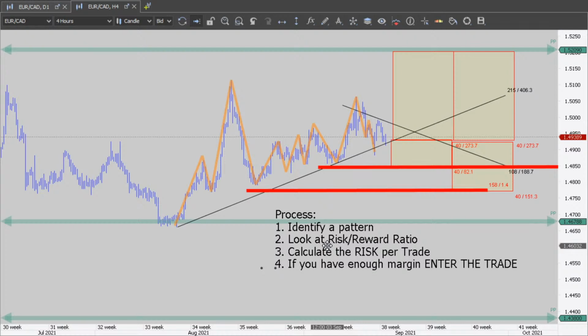Nobody's saying that all the patterns are equal. Between the short-term trend and the market wave called structure, the market wave is stronger. But this is the process: identify a pattern, look at the risk-reward ratio, calculate the risk per trade, and if you have enough margin, enough capital, enter the trade.